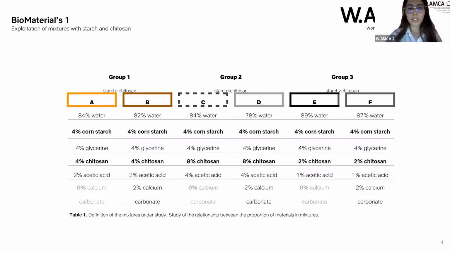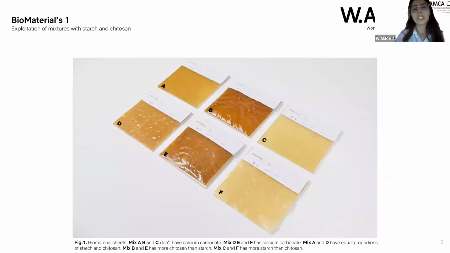Group 2, more chitosan than starch, and group 3, more starch than chitosan. These are the materials obtained from the different mixtures. So group 1, chitosan equals starch, mixtures A and D; more chitosan, B and E; and more starch, C and F.